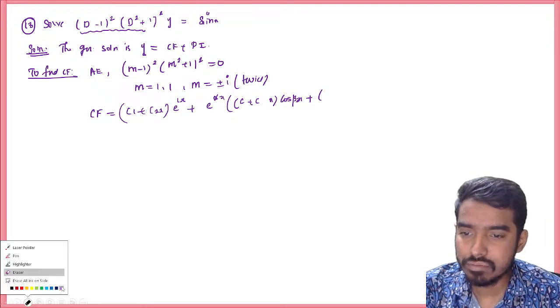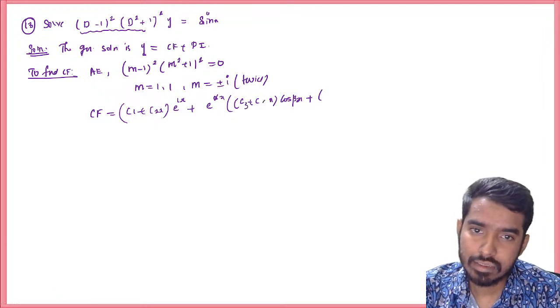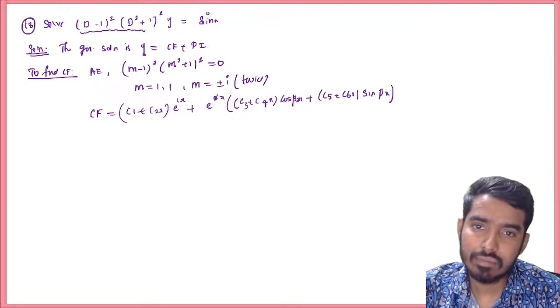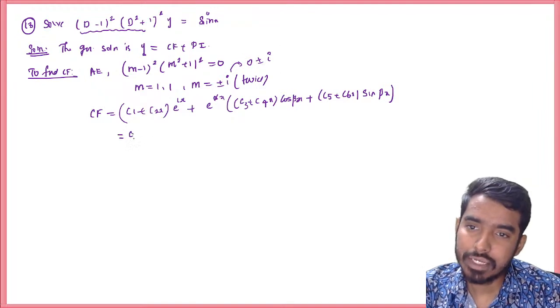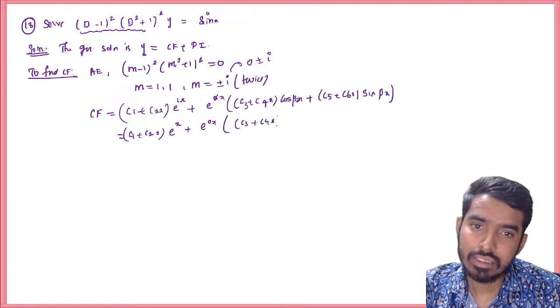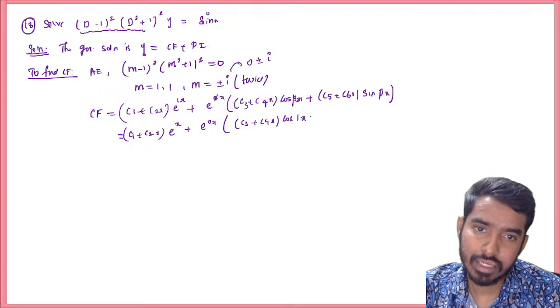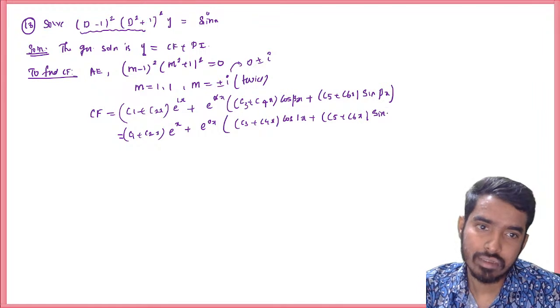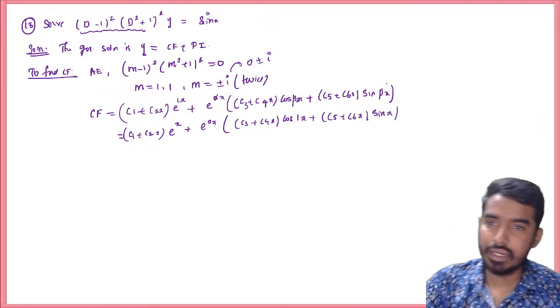So (C3 plus C4x) cos beta x, (C5 plus C6x) sin beta x, right? Here the roots are of the form 0 plus or minus i, which is alpha plus or minus i beta. So it is (C1 plus C2x) e power x. Alpha is 0 here, so it will be e power 0x into (C3 plus C4x) cos beta x, beta is 1, (C5 plus C6x) sin x, beta is 1. This is your CF, right?